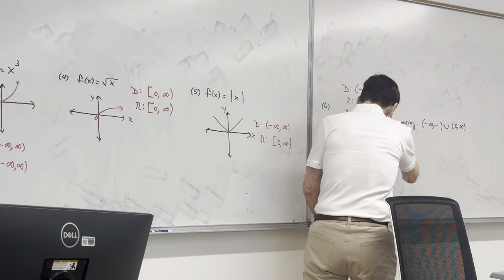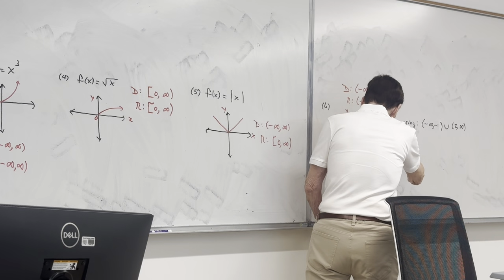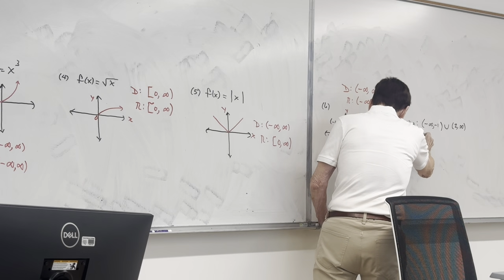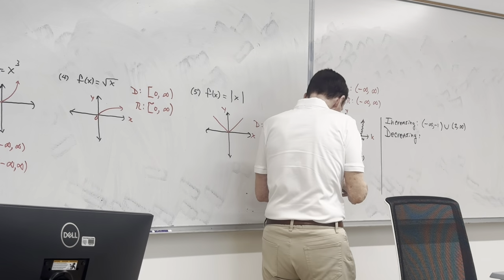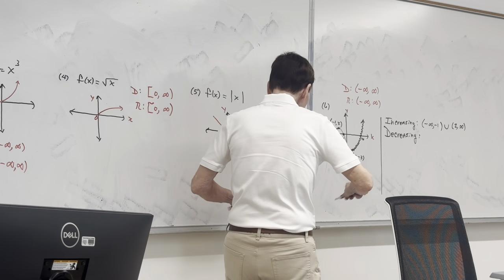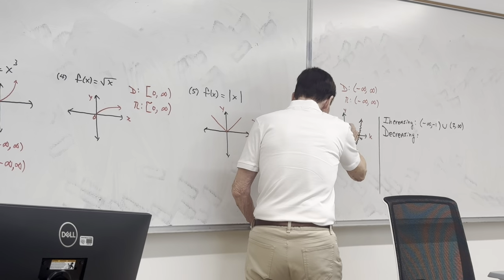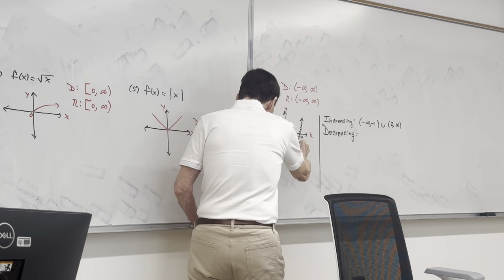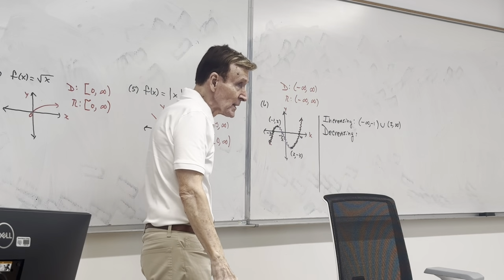Decreasing, falling. So I'll get this out of the way today. Guys, the part that's falling, I think, as you go from left to right, is this piece right here. That little piece is falling.